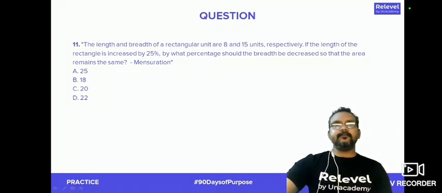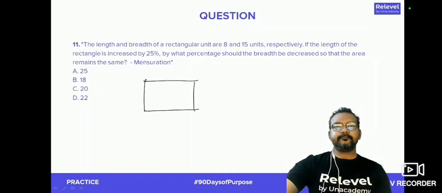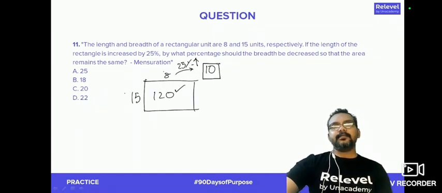The length and width of a rectangular unit are 8 and 15. Okay. The length of the rectangle is increased by 25%. So 25% increase means 1/4 increase, so it becomes 10. So the initial area is 8 times 15, so that is 120. Now the new length is 10.